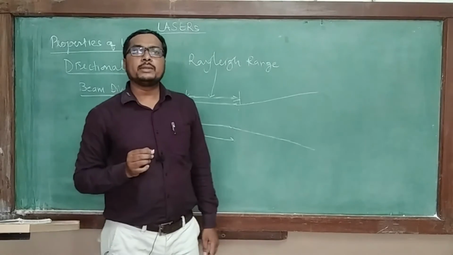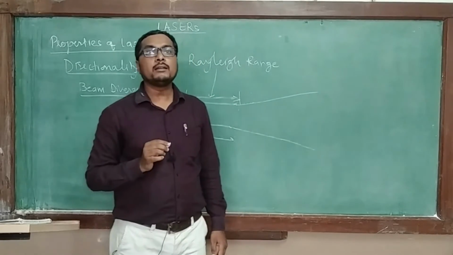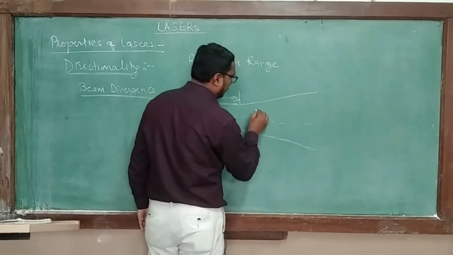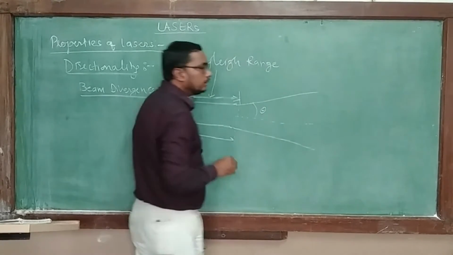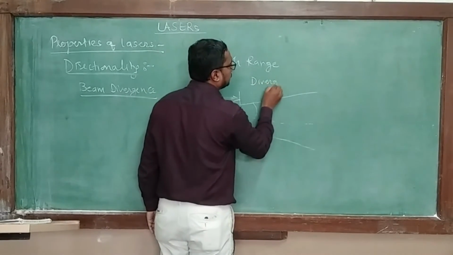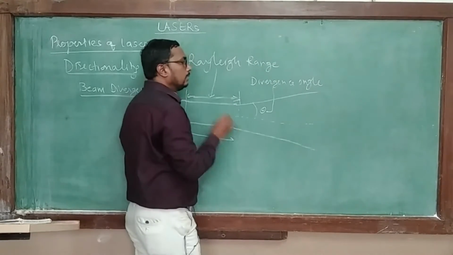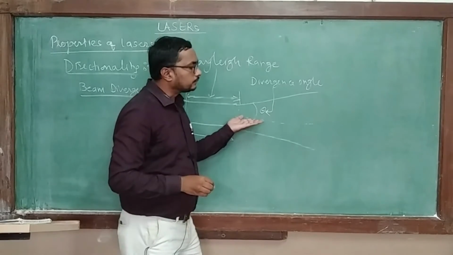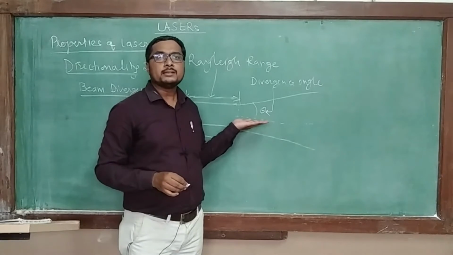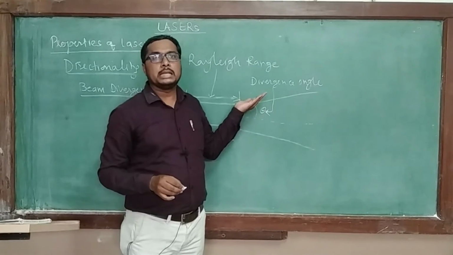The divergence of the laser is expressed in terms of the divergence angle theta. This angle is the angle between the center of the laser beam and the edge of the laser beam.